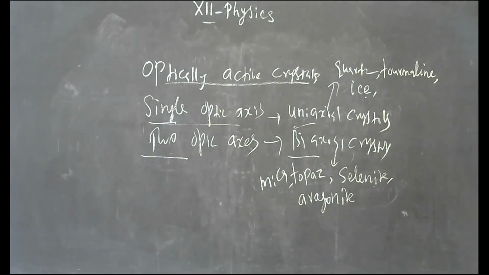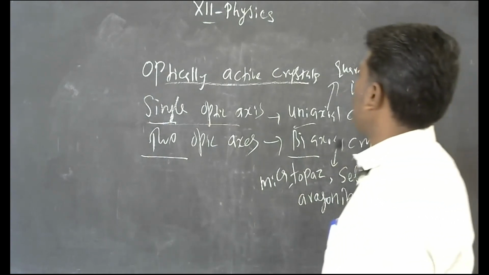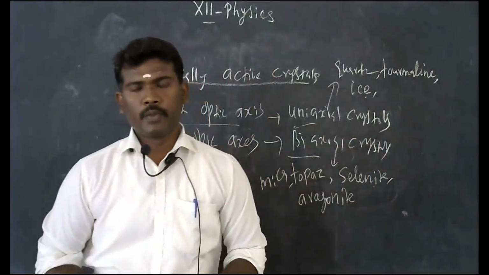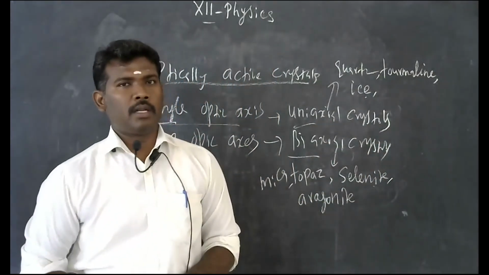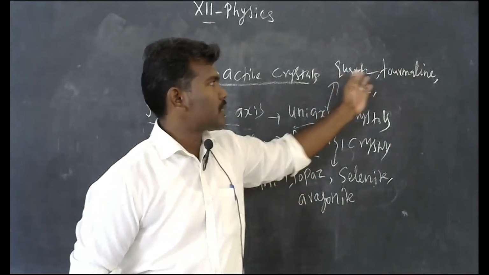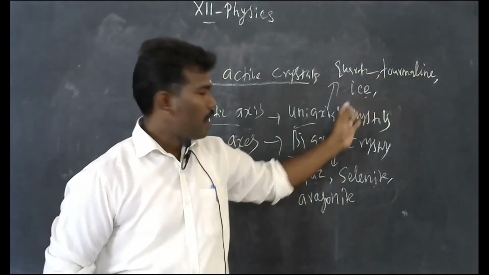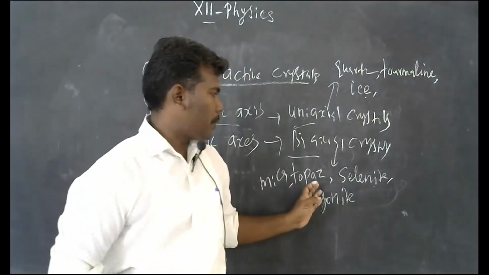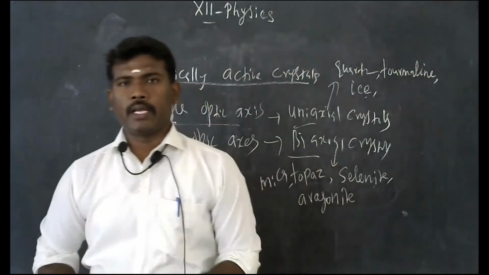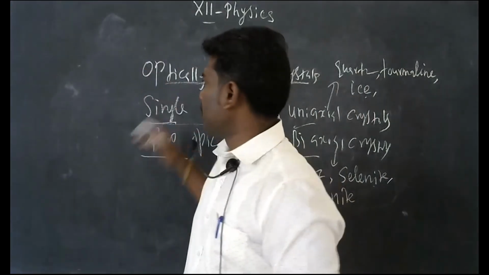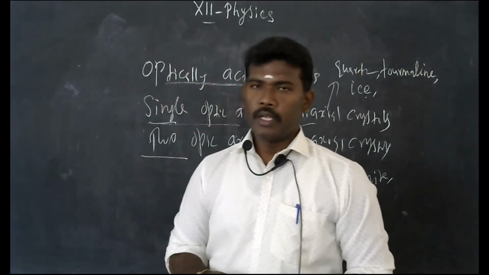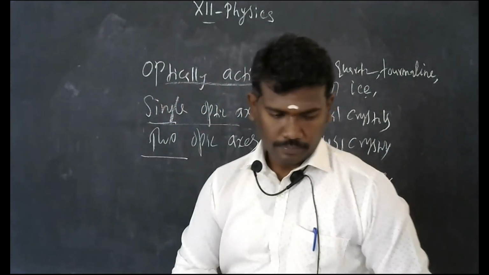And for the uniaxial crystal, quartz, tourmaline, and ice. And already we know that calcite is also a uniaxial crystal. So note all four examples with respect to uniaxial: calcite, quartz, tourmaline, ice. And for biaxial crystal: mica, topaz, selenite and aragonite. And maybe sometimes they ask the difference between uniaxial and biaxial crystals in the 2-mark part. Okay.